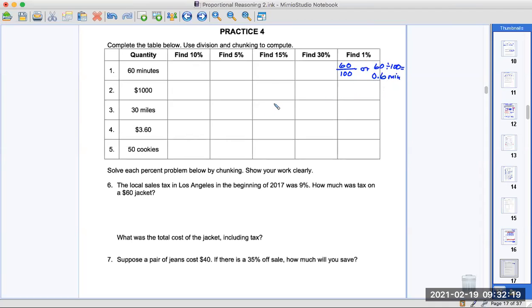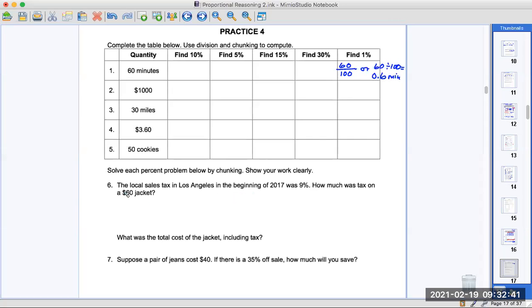All right, so next I want to show you local sales tax. So sales tax you add on, so it's not taken off. In Los Angeles, sales tax is something you pay extra when you buy something. I'm sure you've noticed that. And the state gets it, the state of California or the city where you buy it.